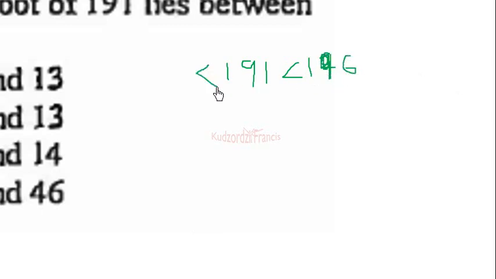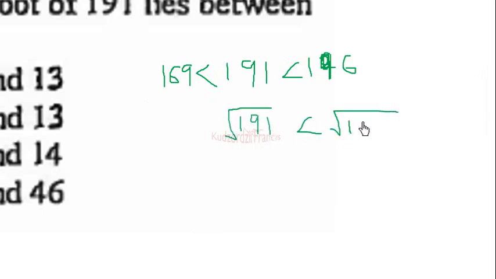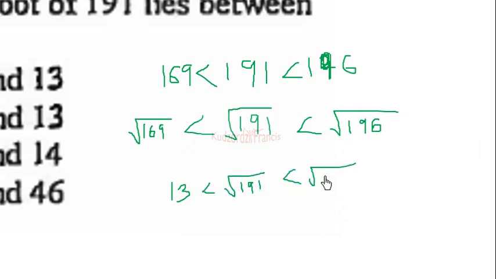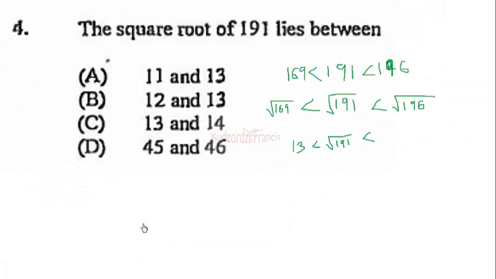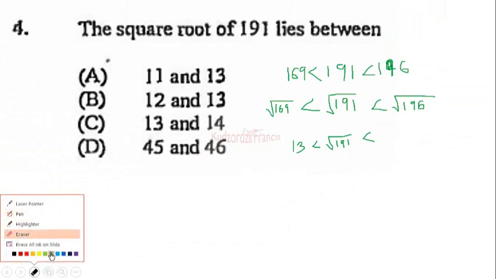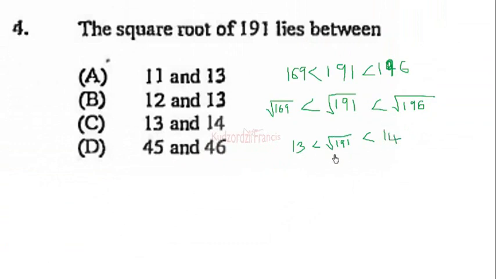Then the highest perfect square less than 191 is 169. We take the square root of each of the terms. The square root of 169 is 13, and the square root of 196 is 14. So it is between 13 and 14.